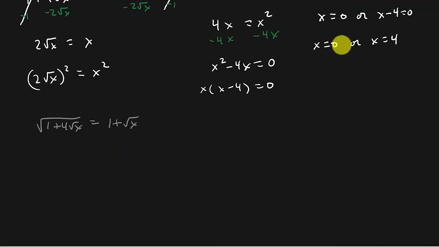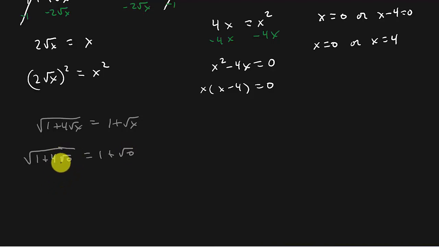Now, these are the two solutions that I have. But remember, we have to check them. So we've got to plug 0 in for x. So that's the square root of 1 plus 4 times square root of 0 equals 1 plus square root of 0.